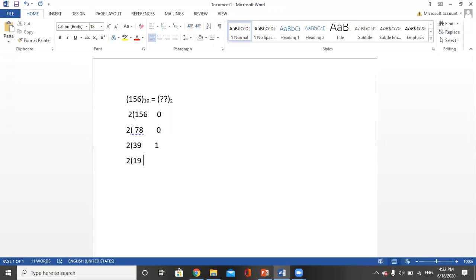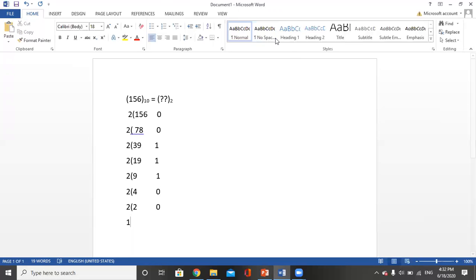Okay, again same case, we just have to keep a 1, and 9 2 is 18, right? And again the same case, we just have to keep a remainder of 1, and we have now 2 4 is 8, right? So yes, now 4 is an even number, we have to keep it 0, and the remainder is 2 2 is 4, right? Now 2 is again an even number, so the remaining is 1.